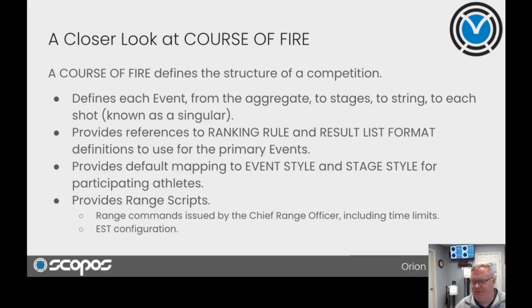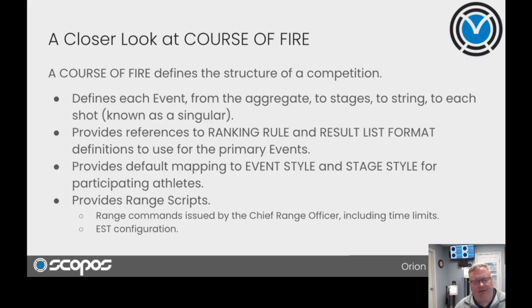Everything from each event, the aggregate event, the stage events, the strings, the series, all the way down to each shot. It precisely defines each of these events within the match. And then it provides references to the recommended ranking rules, how athletes should be ranked within this match, as well as recommendations on how they should be displayed online, on the phone, or on a PDF.